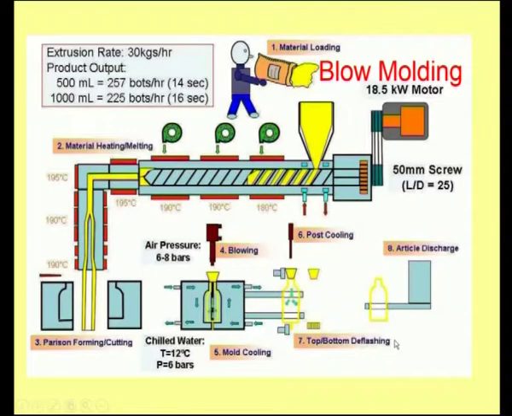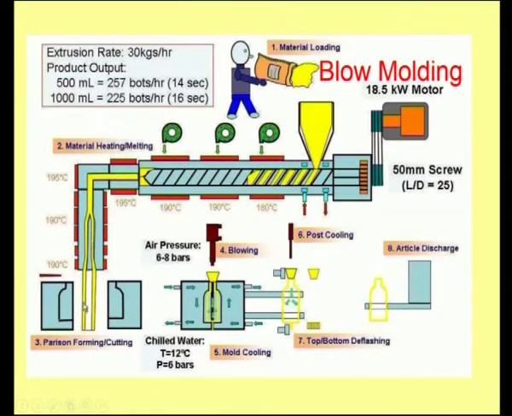Now, this is a scheme showing a typical blow molding process by means of extrusion. These are the stages, starting from loading the material into the hopper, and then material heating and melting that takes place in a single screw extruder, which we have seen in the extrusion process. The single screw extruder is almost the non-separable part in polymer processing operations, followed by the formation of the parison.